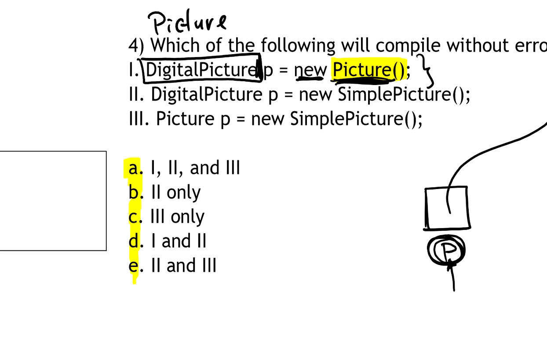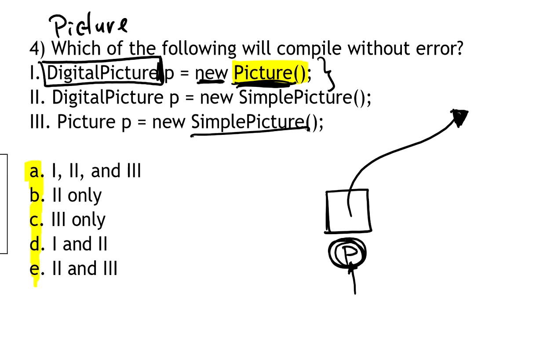The simple picture class doesn't have all the methods necessary to accommodate this. I can't remember exactly what error you get in your compiler, but I think it says something like simple picture can't be converted to type picture. It just doesn't have all the methods available to it that a picture would need. So this is a no-go.